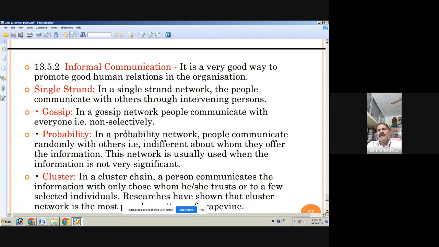One is single strand. Here the meaning of the strand is a single way to support. In a single strand network, somebody will be there to help us, an intervening person should be there.